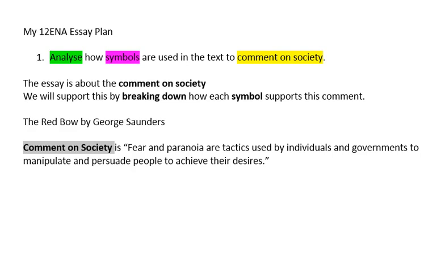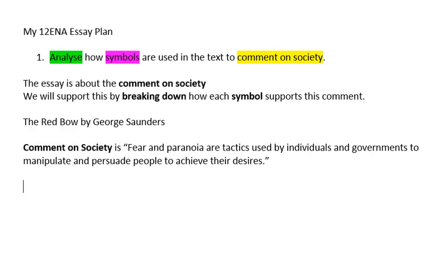Not because they necessarily want to prevent what's going to happen again, but because they want to achieve their own goals, their own desires. There's something within themselves that doesn't feel right or complete, and they're using this power to fill that void. Now, that's a pretty deep, heavy comment on society, but one that you could probably support just by looking at some of the symbols in the text.